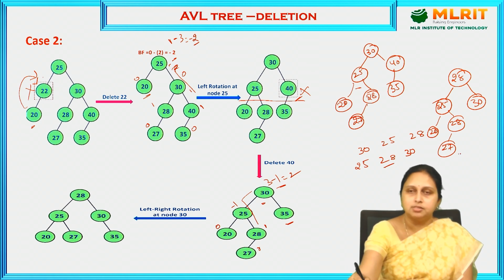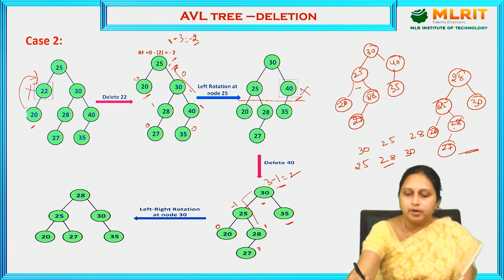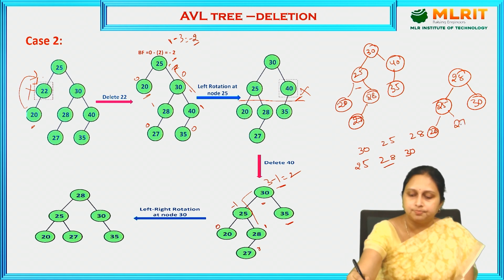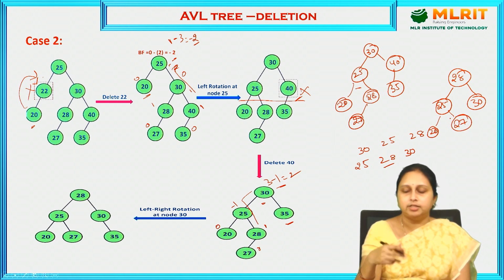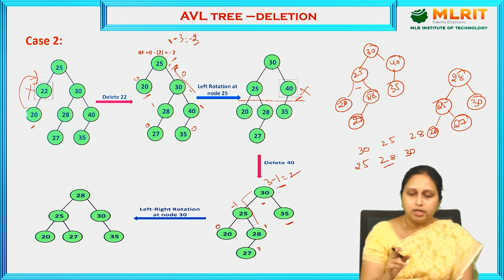After representing the tree, you will get the final tree like this: 20 and 28. Sorry, 28 we have already removed, right? Now I need to get only 27. 28 is already moved to the top as the root node. So we are going to get 28, 25, 30 and 20, 27.